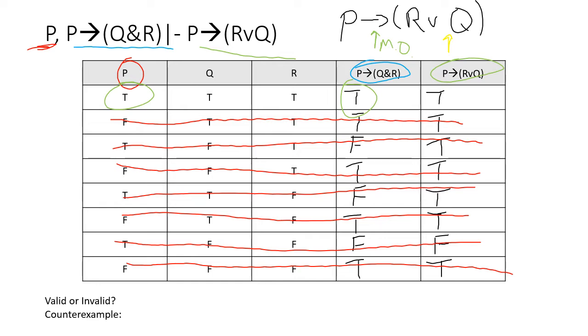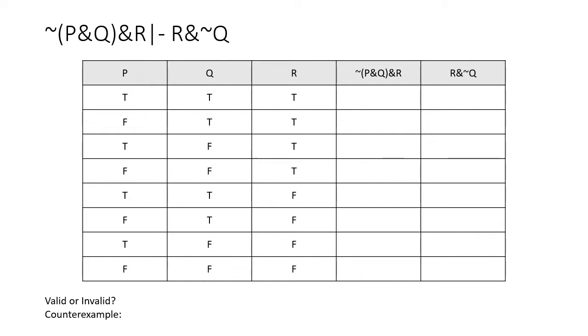So this first row is the only one in which both premises are true, and looking at our conclusion, it is also true, so that would make this one valid. And since it's valid, we do not need a counterexample. Remember, the counterexamples are only needed for invalid arguments, and so with that, that is the answer to the first truth table.